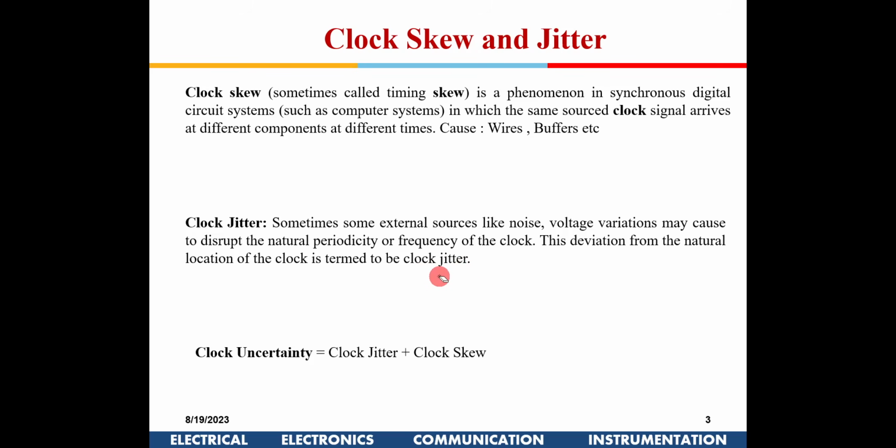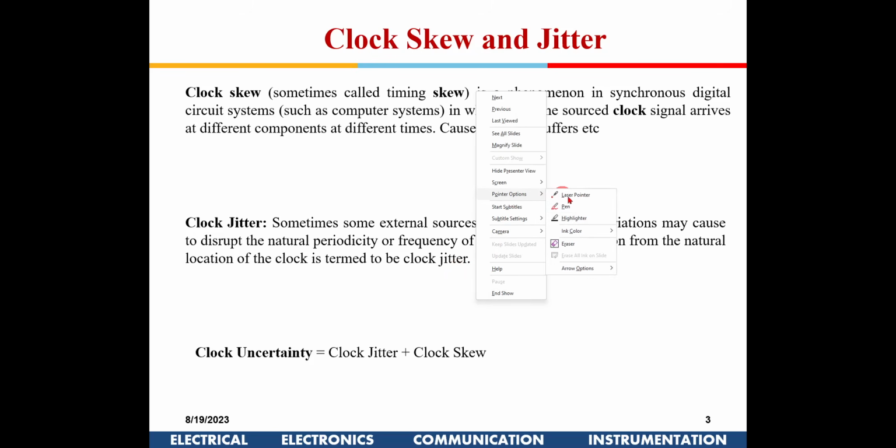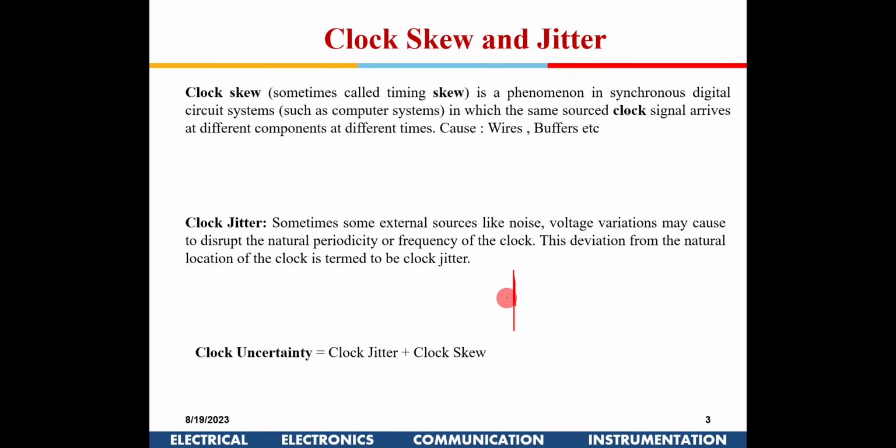So that means instead of having an ideal clock at this edge and at this particular point of time, it could vary here and here. It could vary because of temperature variations and also from the main clock itself. So for a given flip-flop itself, there could be some variations in the clock. Okay, that is known as jitter.